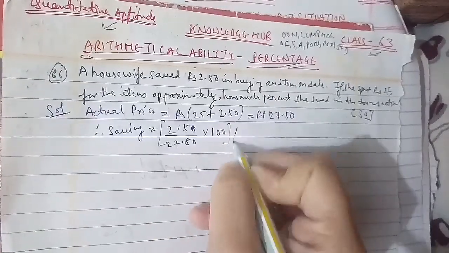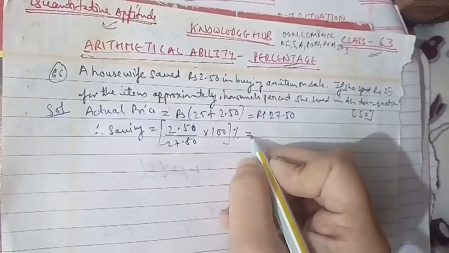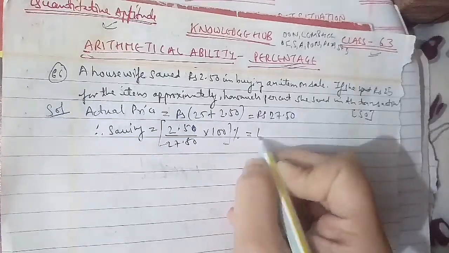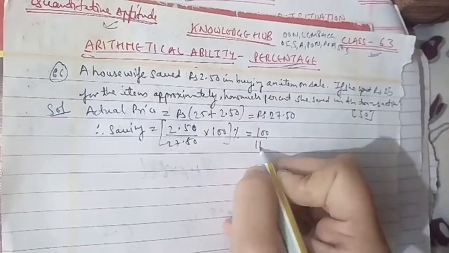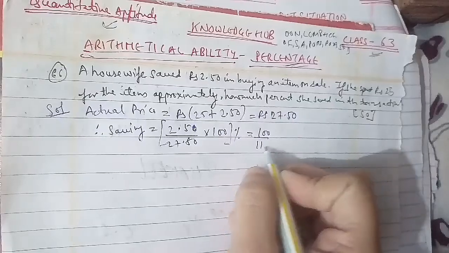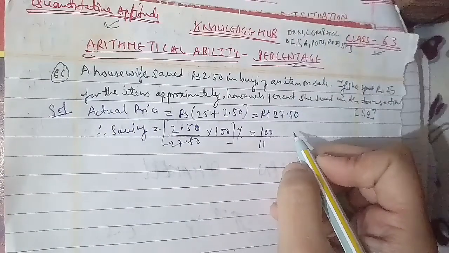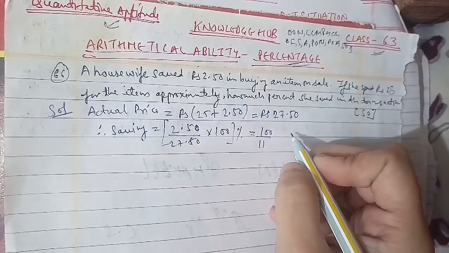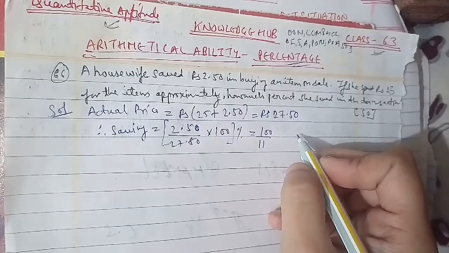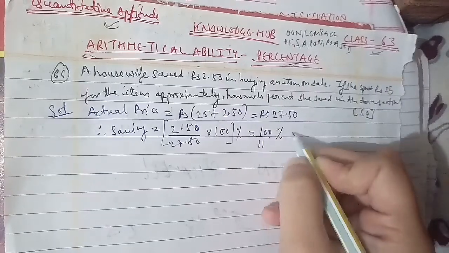So the percent equals 9 1 upon 11%, that is approximately 9%. That will be the right answer for this question.